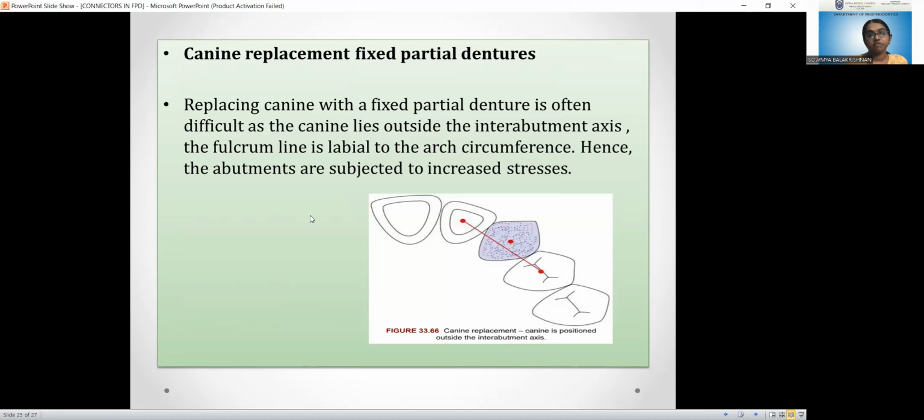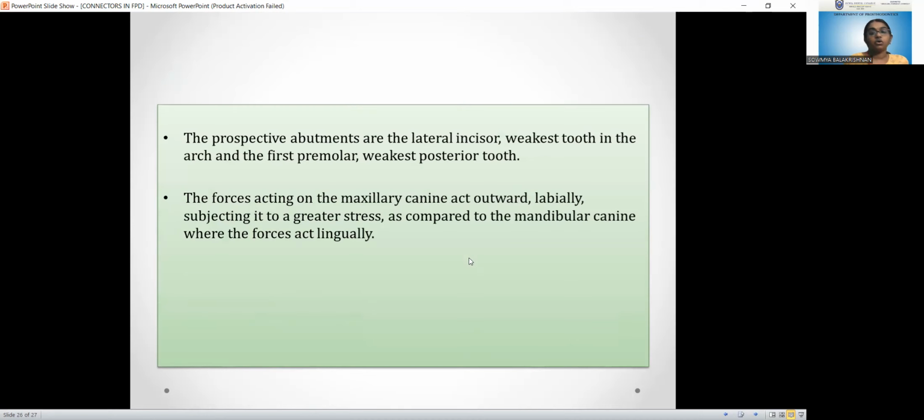This is the reason why we have to be careful while replacing the canine, because the canine is positioned outside this interabutment axis. Also, when you replace the canine, the abutments are the lateral incisor, which is the weakest tooth in the arch, and the first premolar, which is the weakest posterior tooth. That also makes our situation more complex.